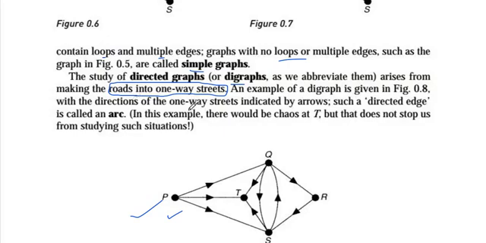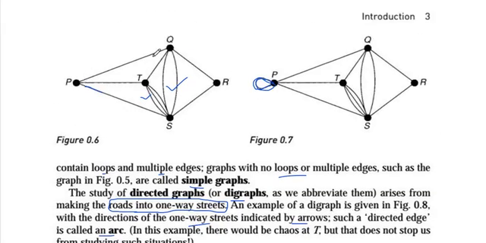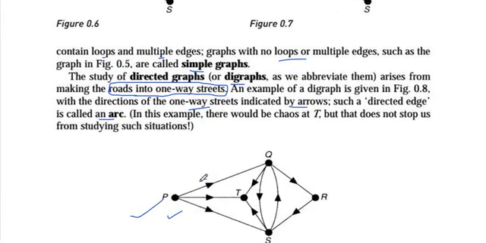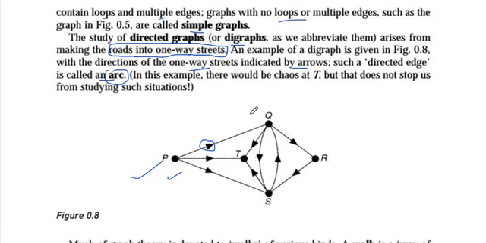With the direction of a one-way street indicated by an arrow, such a directed edge is also called an arc. This is called an edge, and the arrow representing the edge is called an arc. In this example, at point T all the traffic is merging, so there may be traffic or chaos at T, but that we do not have to study.